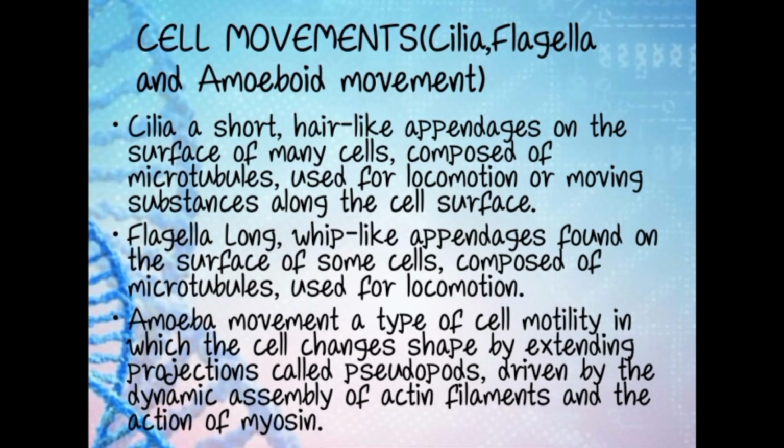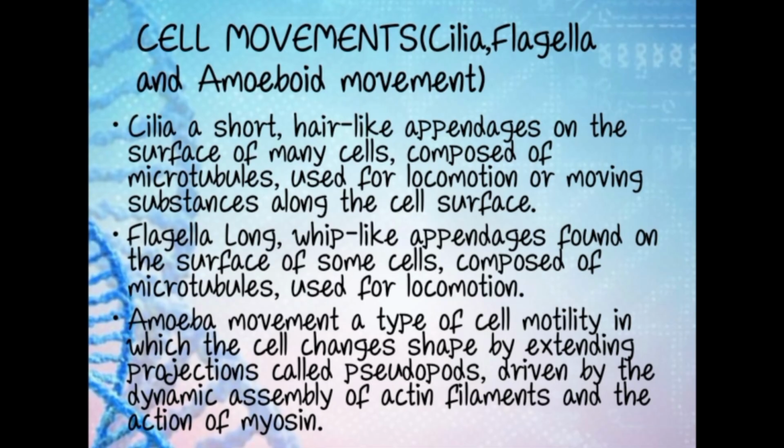So the next is cell movements, which include cilia, flagella, and amoeboid movements. First is cilia, short hair-like appendages on the surface of many cells, composed of microtubules, used for locomotion or moving substances along the cell surface.